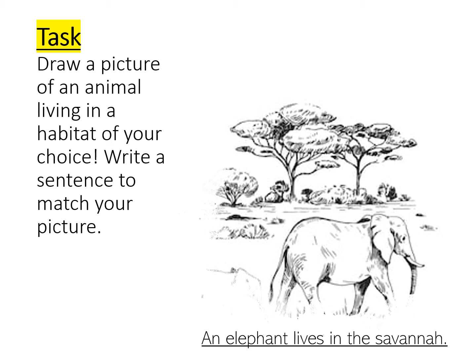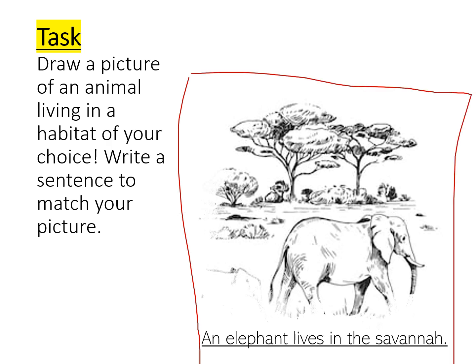All right friends, now it's your turn. I want you to take a look at my work I did down here. I did it digitally this time. I drew a picture of an elephant in their habitat, which is the savanna. Now what I want you to do is draw me a picture of an animal that you saw in our slideshow and draw it in the habitat that you saw it in.